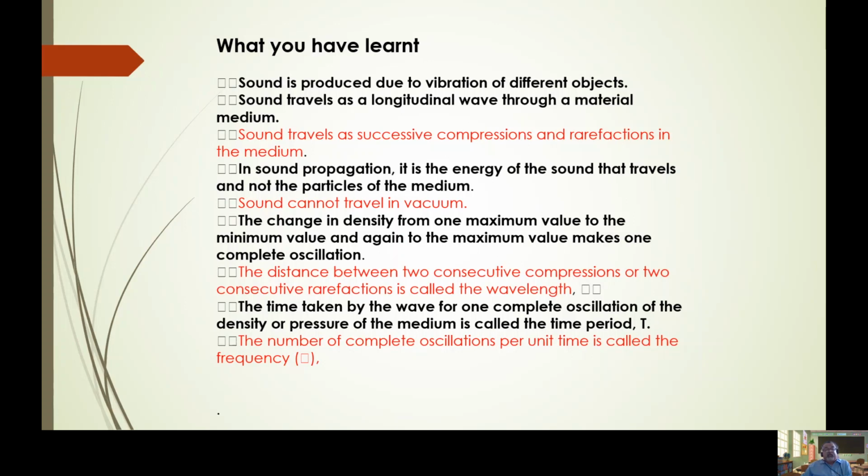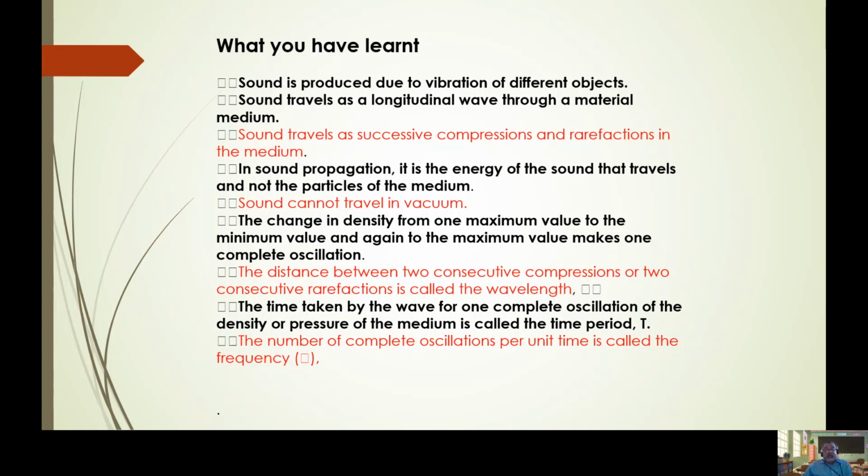Sound cannot travel in a vacuum. The change in the density from one maximum value to the minimum value and again to the maximum value makes it a complete oscillation or a cycle. The distance between two consecutive compressions or two consecutive rarefactions is called a wavelength.